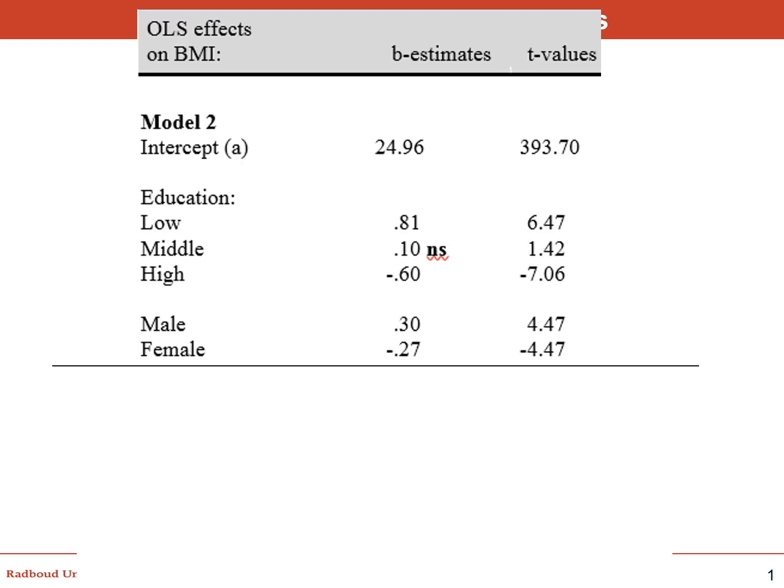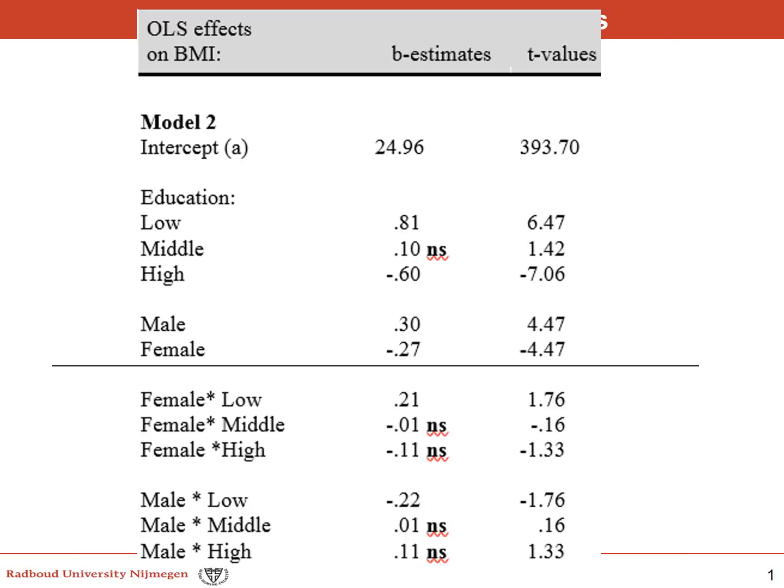Now, if we add the weighted effect coded interactions, the estimates will not change. So the estimates for education and the estimates for males and females I just showed will not change. Let's include the interaction variables, and as you can see, the numbers above the horizontal line didn't change.